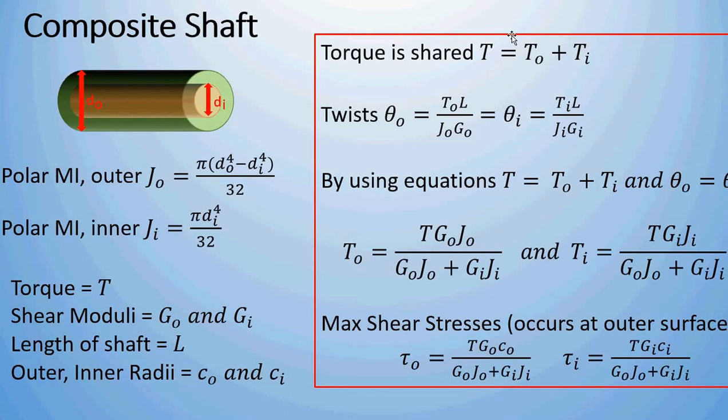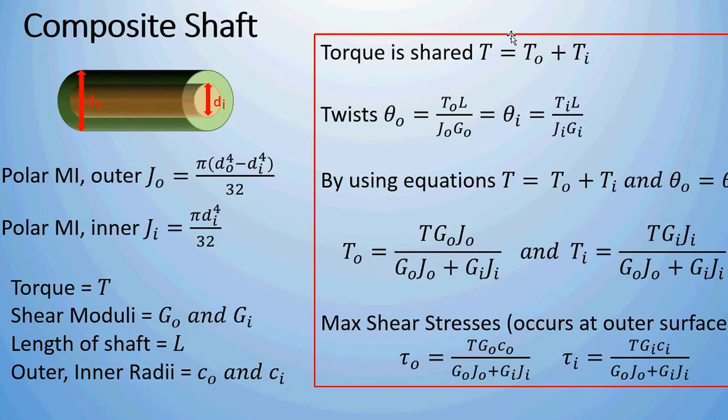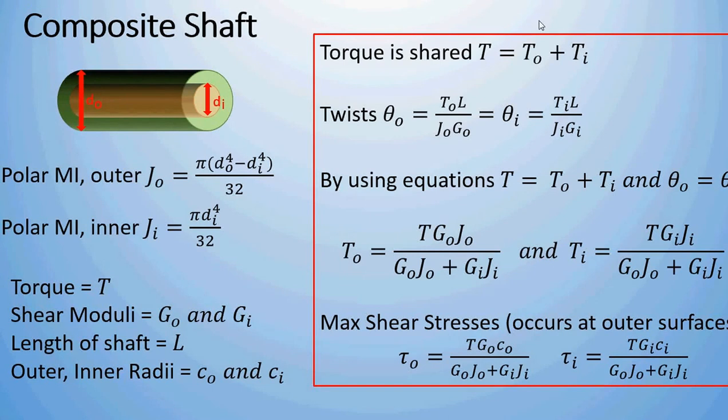The overall torque, T, when applied to a composite shaft, is shared by both materials, but to different amounts depending on the material. Still, in the end, they should add up to the total torque. So T outer and T inner are not necessarily equal, but they will add up to the total torque.